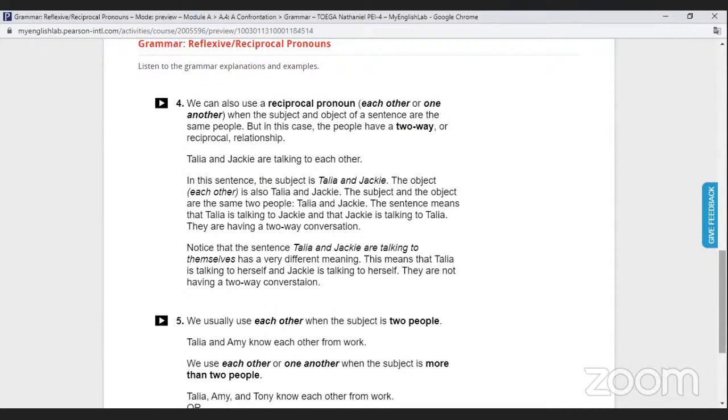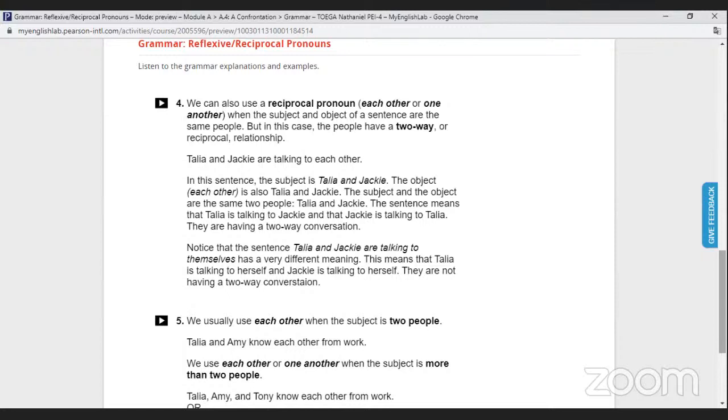Number four. We can also use the reciprocal pronouns each other or one another when the subject and object of a sentence are the same people, but in this case the people have a two-way or reciprocal relationship. Read please. Talia and Jackie are talking to each other.